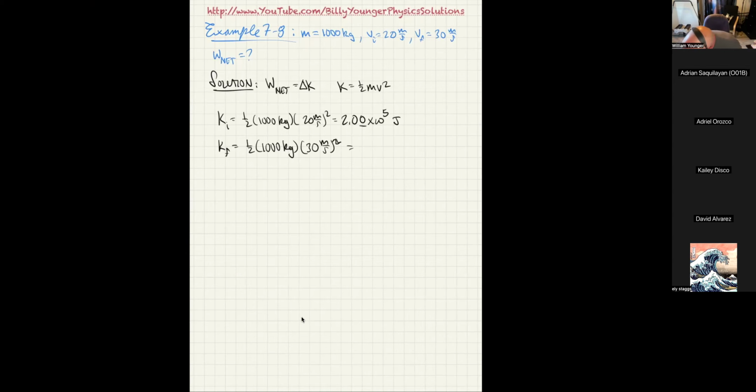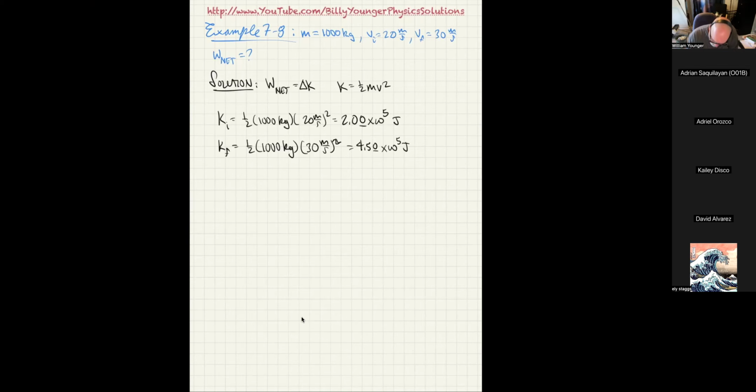And that's 4.5 times 10 to the 5th. So again, remember I assumed the 1,000 kilograms was 4 sig figs. I assumed the 20 meters per second was 2, and I assumed the 30 meters per second was 2. So we're really only getting 2 sig figs out of that. That's why I wrote it as 2.00 with the underbar on the zero.